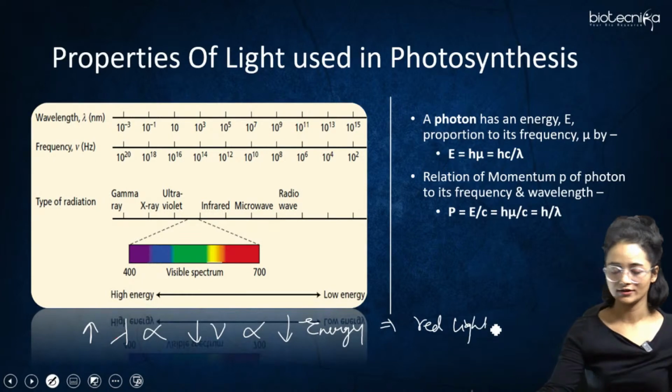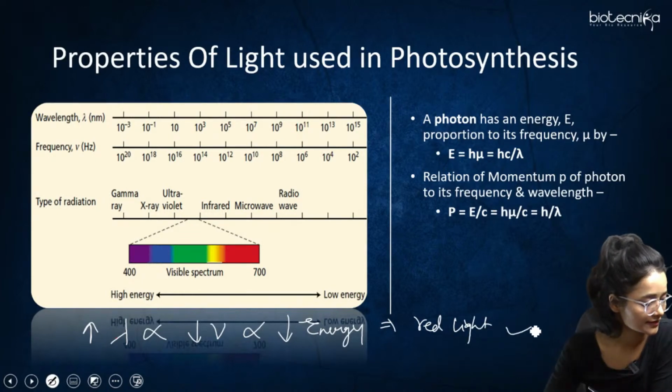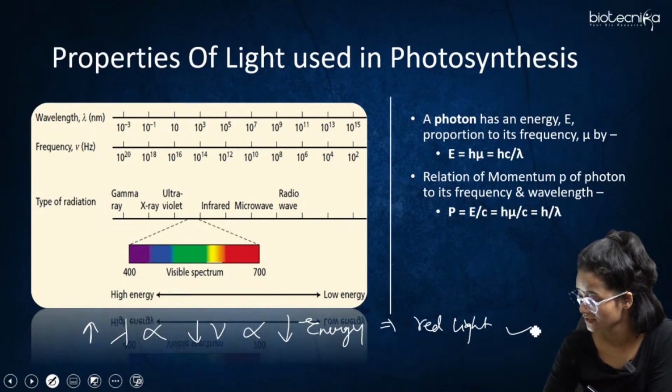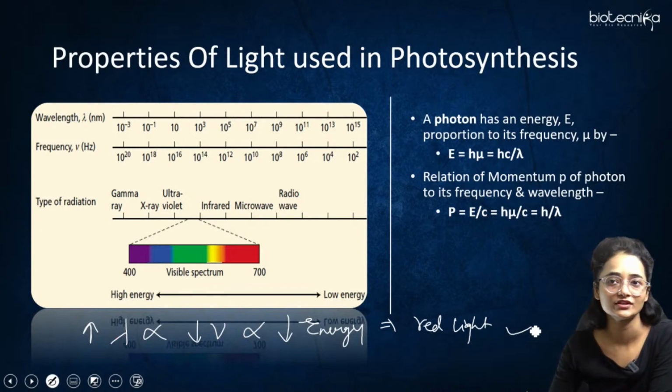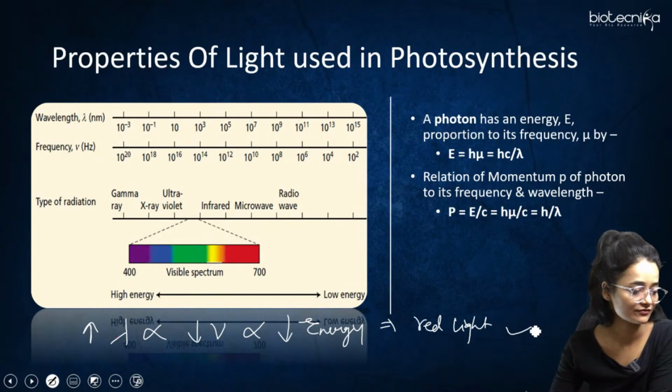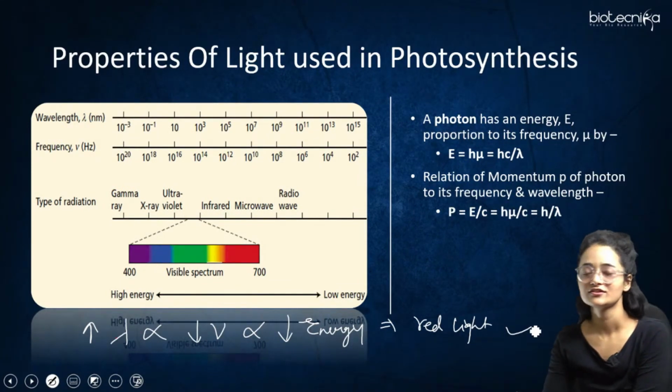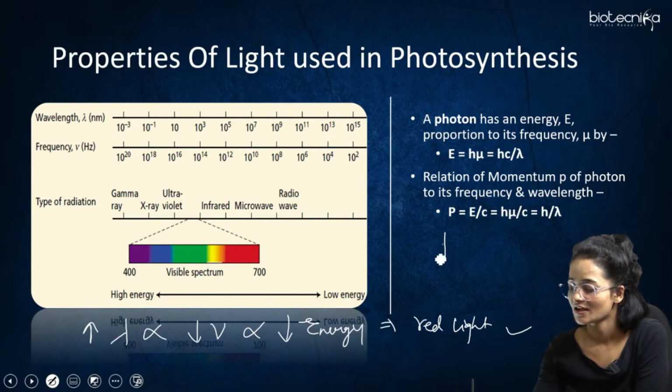So did you all get this? Wavelength is inversely proportional to the energy and directly proportional to the frequency? No, wavelength is actually inversely proportional to the frequency, and it is in turn inversely proportional to the energy itself. Mahima? Yeah, make sure that wavelength is inversely proportional to the frequency.